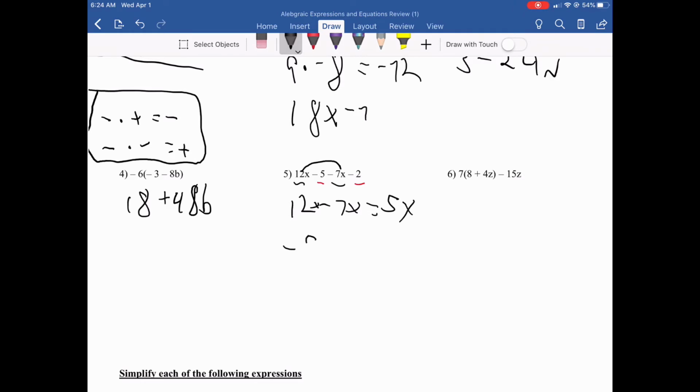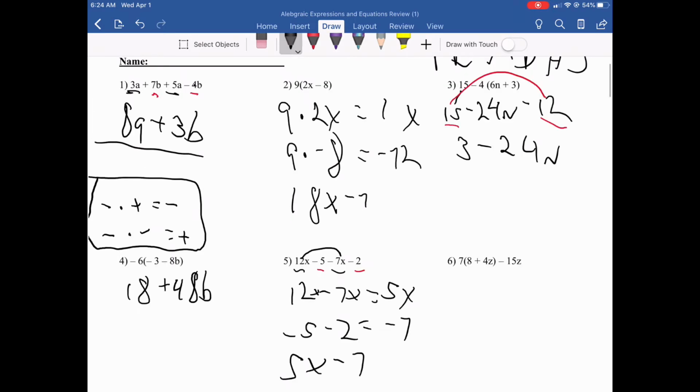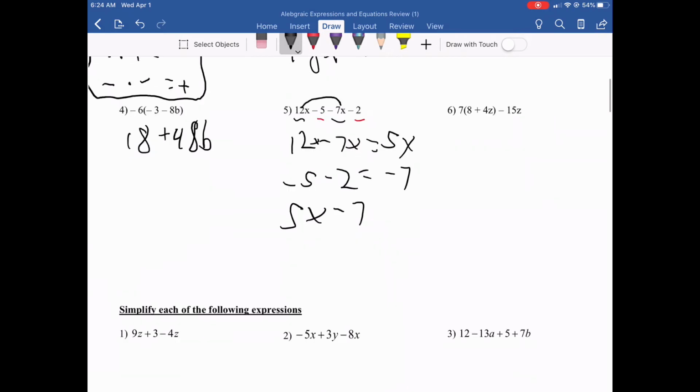Negative 5 combining with negative 2 equals negative 7. So we have 5x negative 7. On to 6. Make sure you always keep everything going the same way also when you are doing these problems.